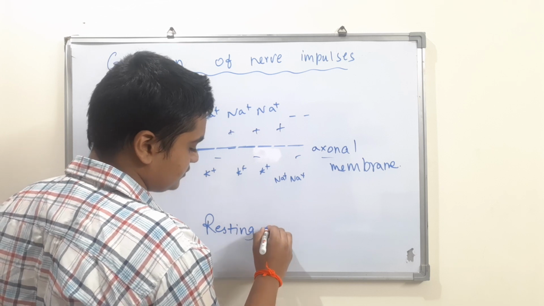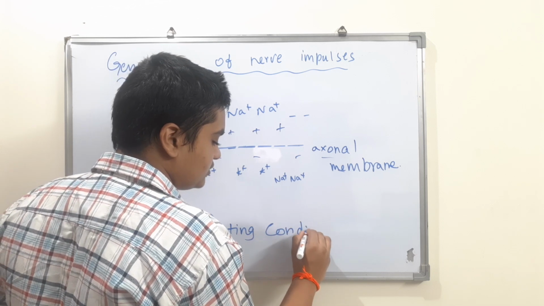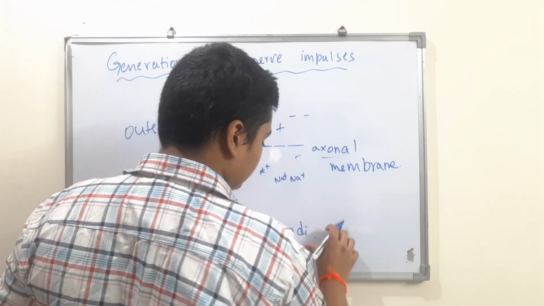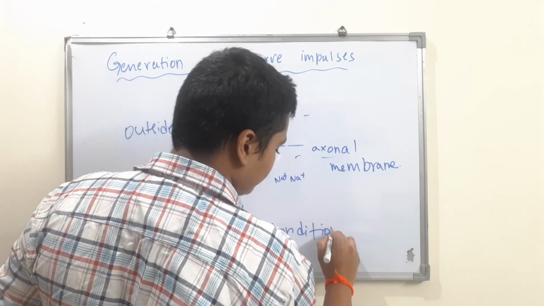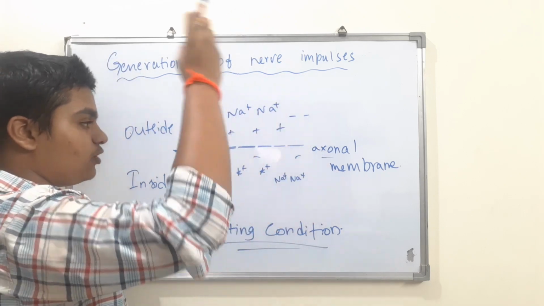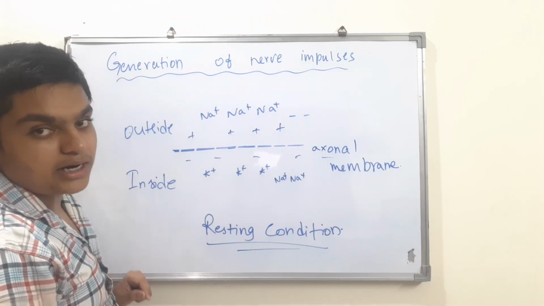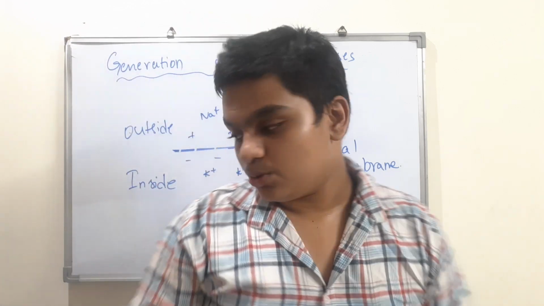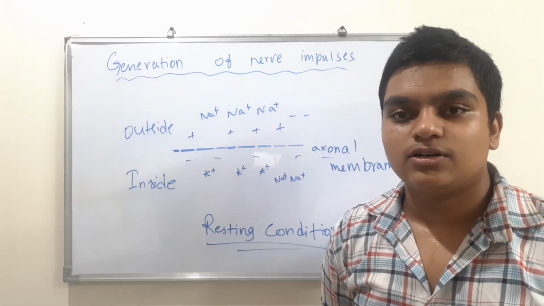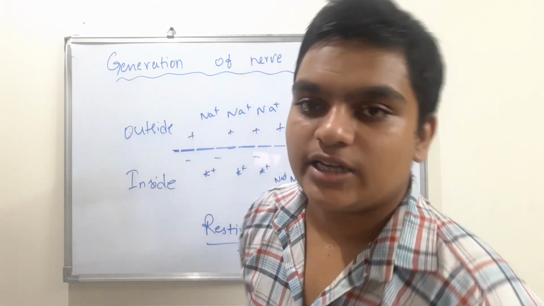Generally our axonal membrane or neuron is like this under resting condition. Got it? Under resting condition like this.